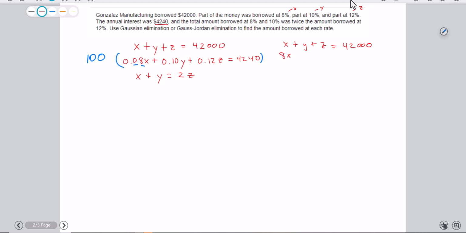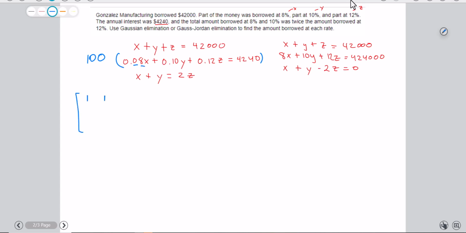I'll get 8x plus 10y plus 12z equals 42,400. And then this, I just need to move the z to the other side, so the 2z, and I get 0.